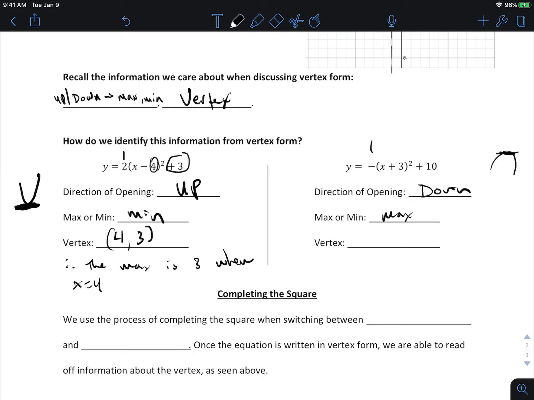I see a positive sign there, which means I'm going to move it left, so I better be in the left half of my graph, right? So I'm going to move it left 3, so I know that my vertex is going to be negative 3, positive 10. Does anybody have an issue with that?